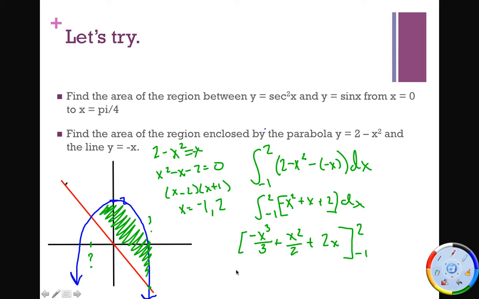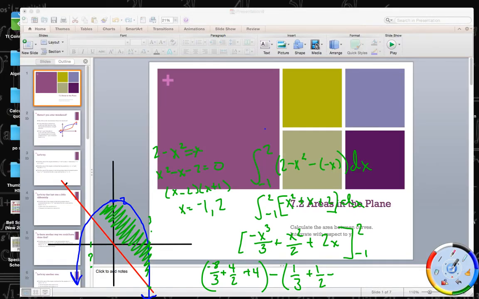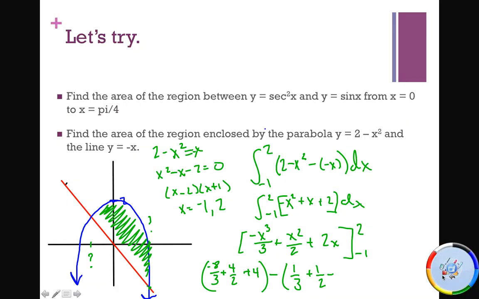And you do the whole math here. If you plug in a 2, you get negative 8/3 plus 4/2 plus 4, minus 1/3 plus 1/2 minus 2.